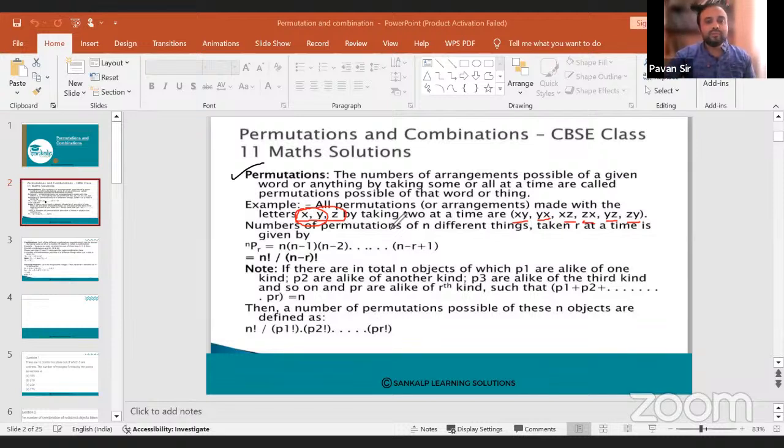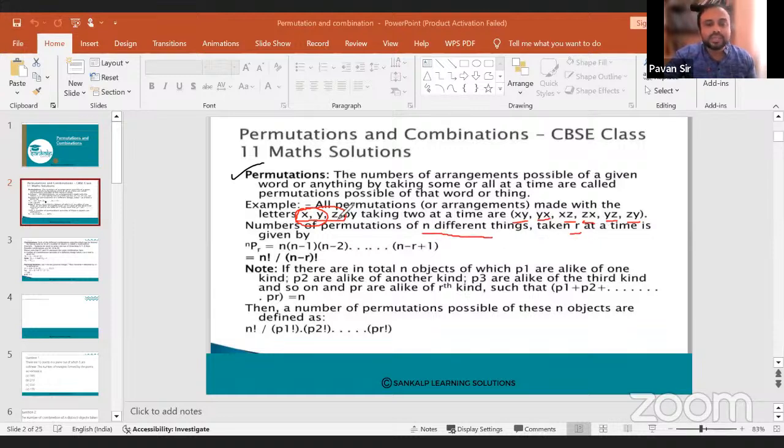The number of permutations of n different things taken r at a time: suppose n different things are there, and we rearrange them using r at a time.